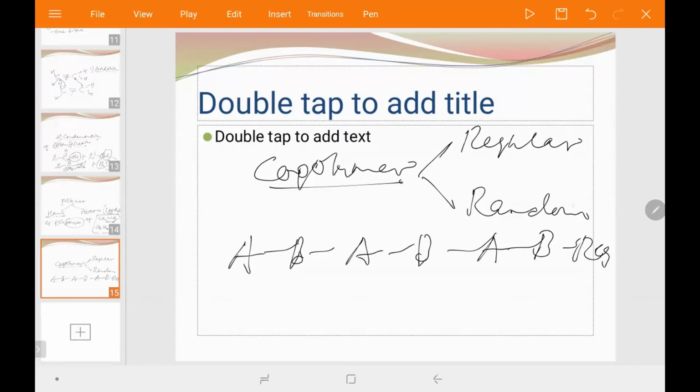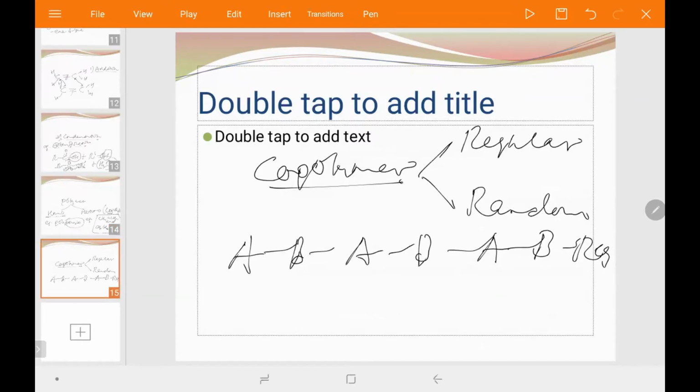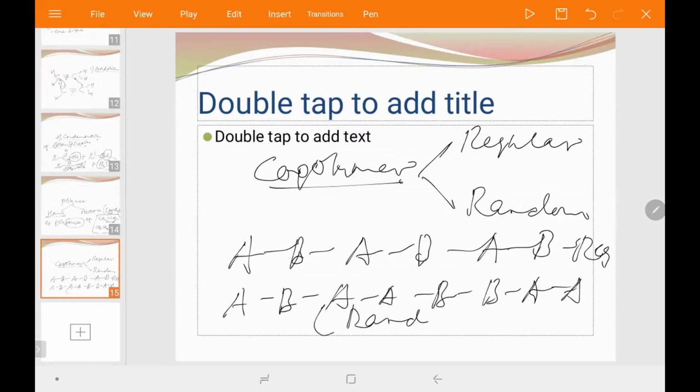In regular, the arrangement is first A, then B, where A and B are different units, just like the previous ones, ethylene and propylene. But if it is A, B, A, B, B, A, here there is no regular arrangement. This is known as a random copolymer.